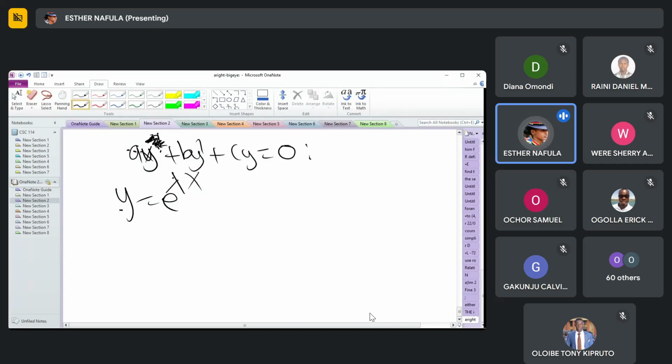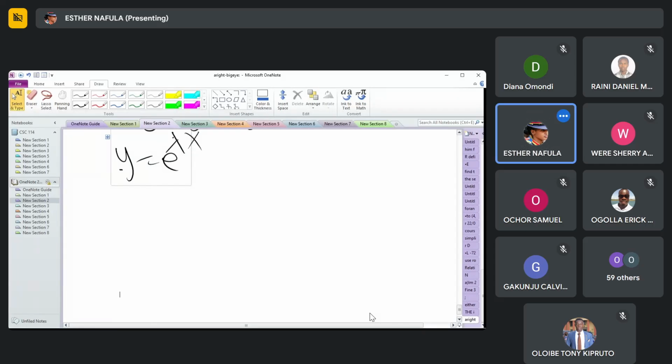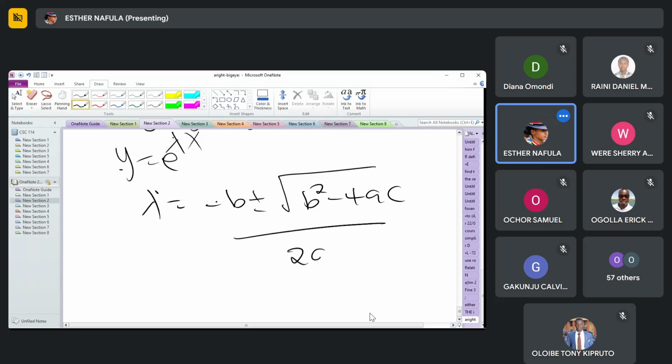You differentiate these, get y prime, get y double prime, plug into your differential equation. You'll notice that you end up with a quadratic equation where your lambda will be given by the formula minus b plus or minus square root of b squared minus 4ac divided by 2a.